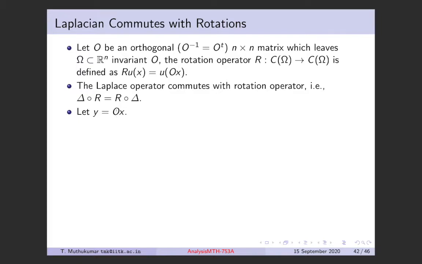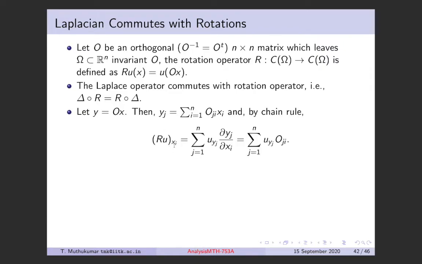The jth component y_j is precisely the matrix operated on x and the jth component of that: the sum over i of O_ji x_i, where i is the column index of the matrix O and the summation is over i. This is the jth element of y.